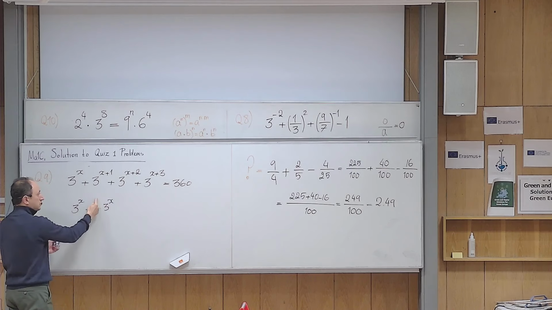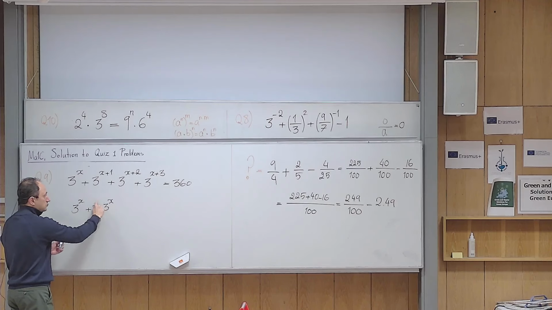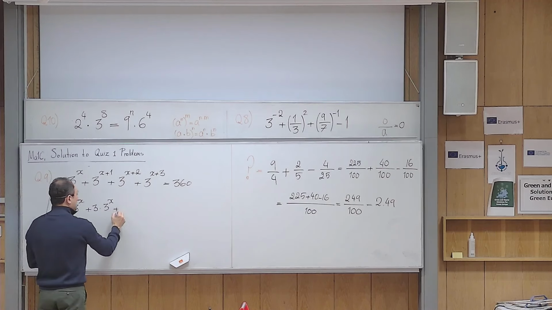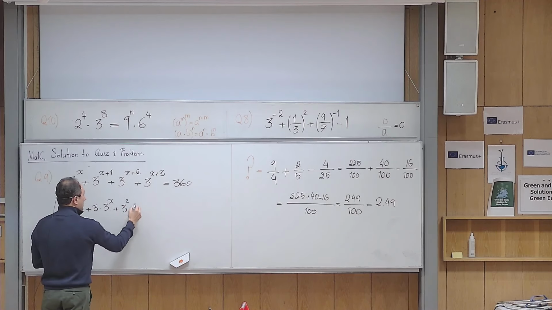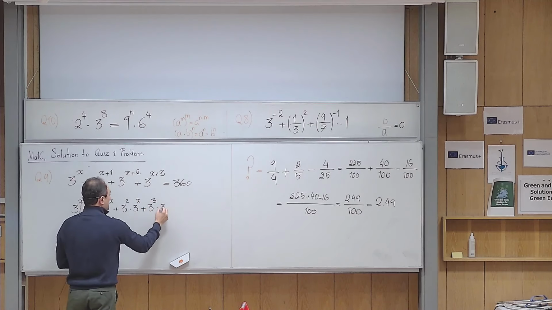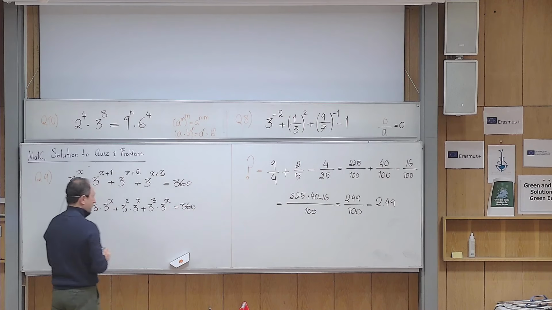Why? Because the invisible exponent is 1. If I ask you to combine them, it becomes 3 to the 1 plus x. 1 plus x is the same as x plus 1. So what I will do next, I will do 3 to the 2 times 3 to the x. And next, 3 to the 3 times 3 to the x. And on the right hand side, I will have 360.